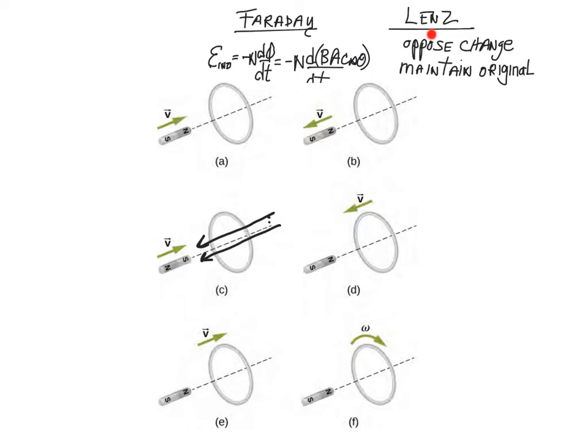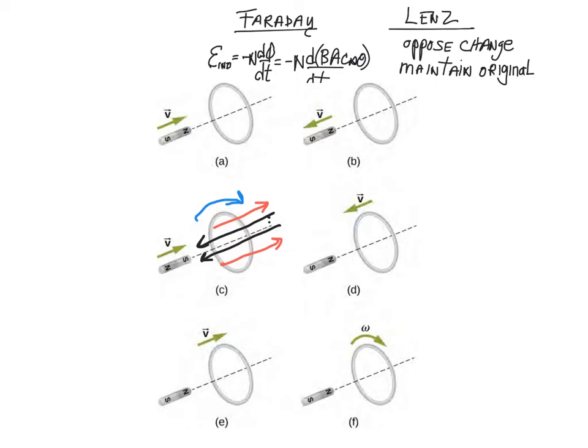It has to oppose the change or maintain the original, which was 0 or no flux. And so the current has to be such that it induces a field in the opposite direction. And in order to induce a field in the direction of the red arrows, the current has to circulate clockwise through the loop, looking at it from this side.